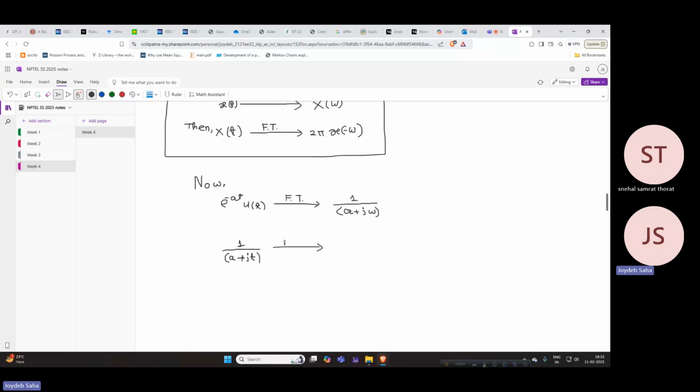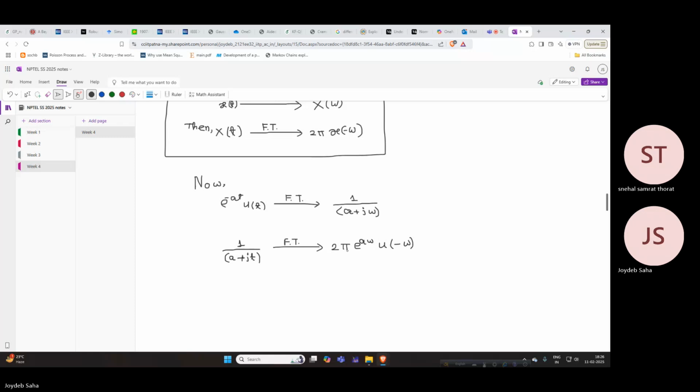Its Fourier transform will be 2 pi e to the power a omega into u of minus omega, right?